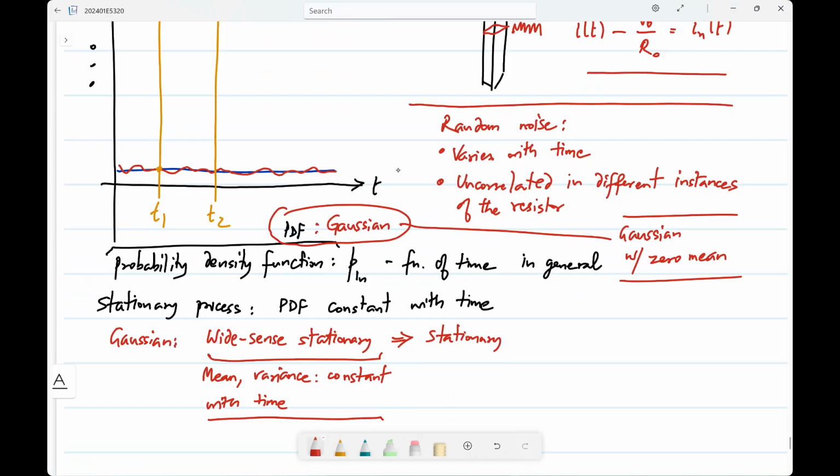You have to think about the phase. Instead of solving differential equations, you solve algebraic equations. That's why you use frequency domain analysis.